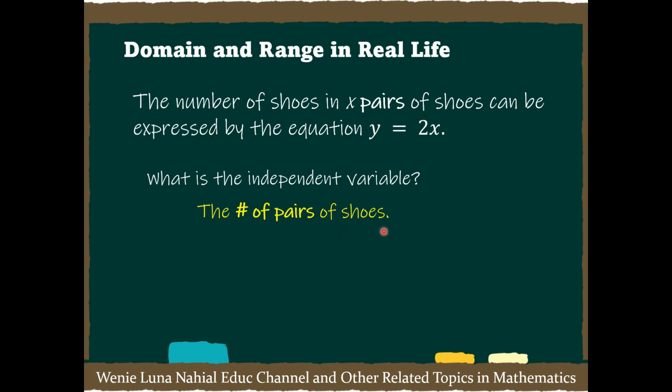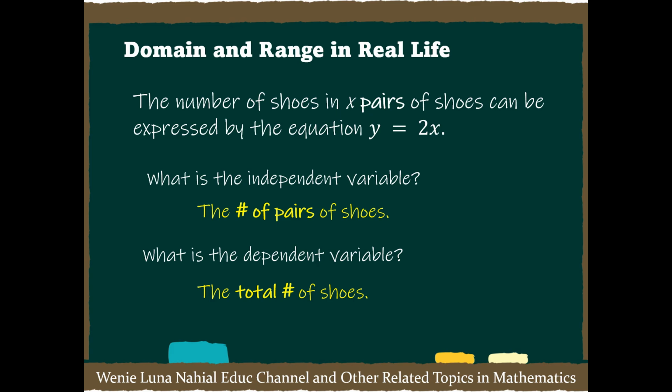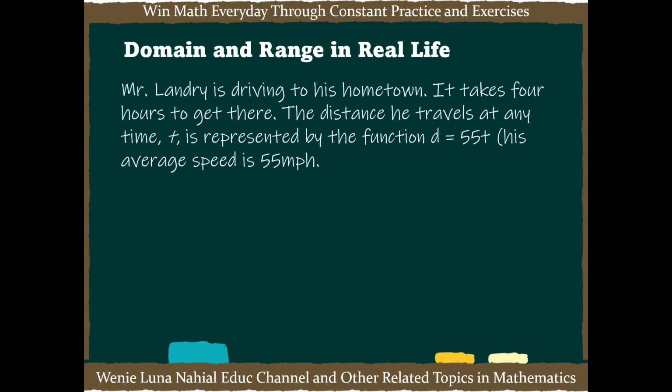The number of pairs of shoes is our independent variable. The dependent variable here is the total number of shoes. Okay? So again, we have here an illustration about the use of functions in real life.